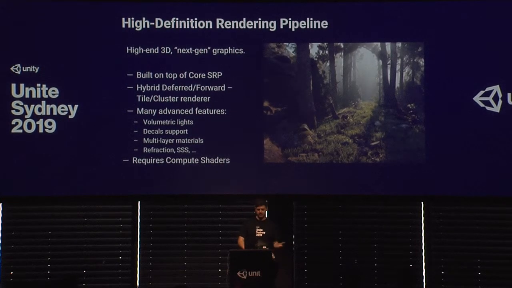So in the HD rendering pipeline, you will find all the things that you can possibly desire. Multiple rendering techniques, deferred and forward, working together to address different effects. It handles transparency perfectly, and refraction. It has a built-in solution for volumetric lights and decals. It has multi-layered materials that look incredible.